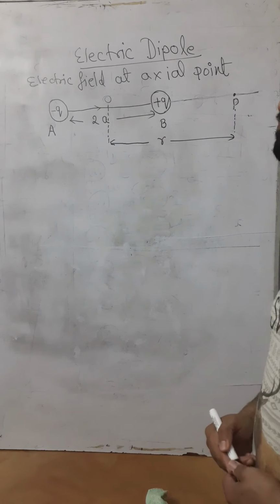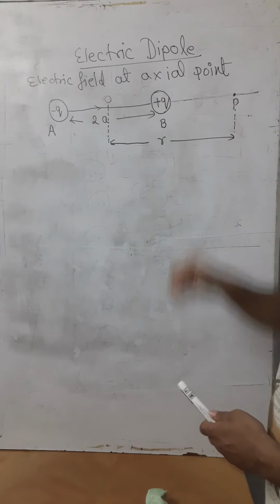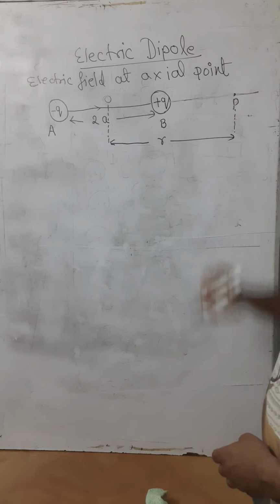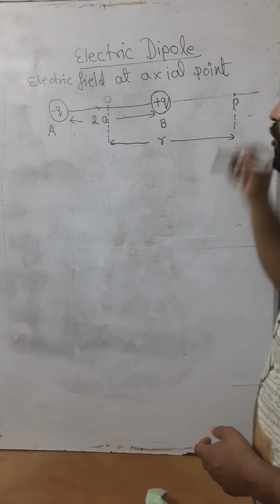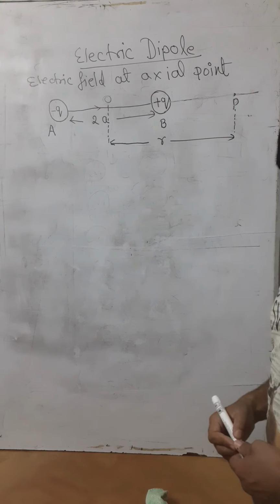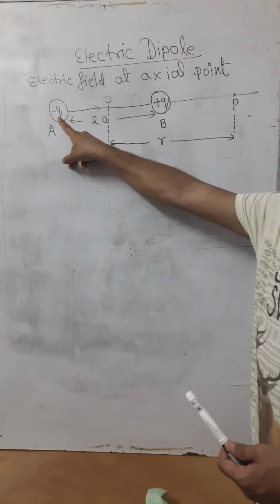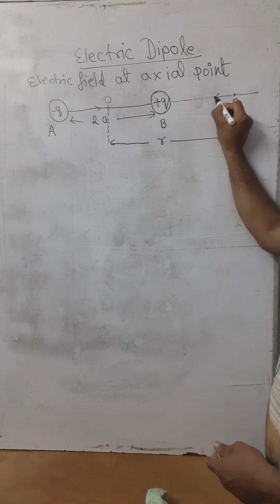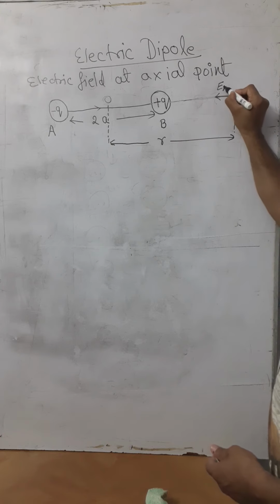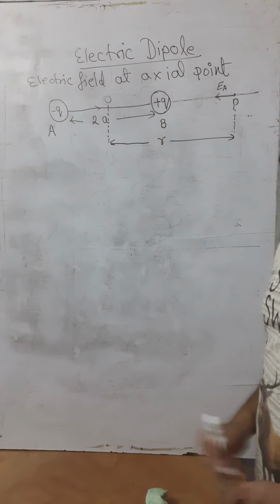Firstly tell, due to the charge minus q, what should be the direction of electric field here at this point? Because a point is always considered as a positive point charge. So this positive will be attracted by this negative charge, and the electric field direction would be like this. This is EA, electric field due to A, due to this one.